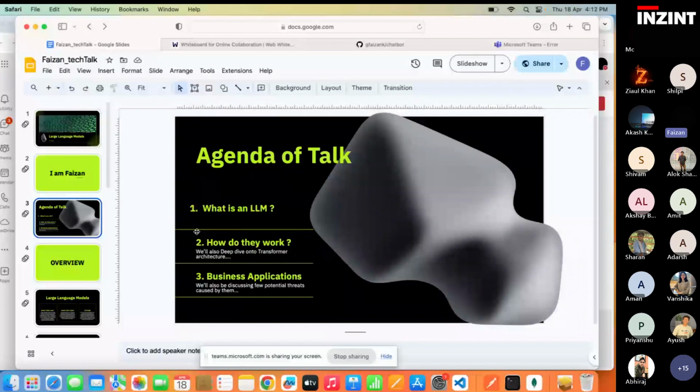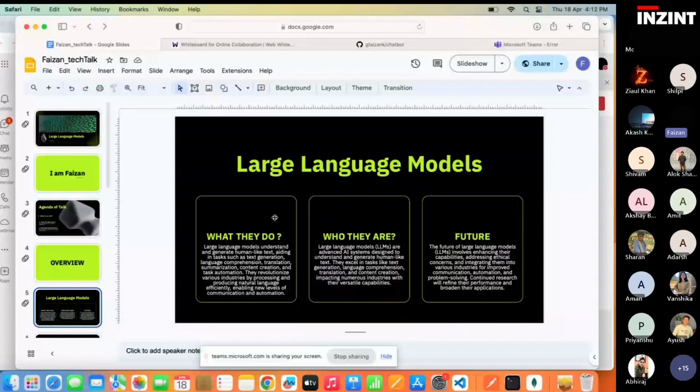I will start with the overview first. Large language models: first of all, we should know what they do. Large language models understand and generate human-like text, aiding tasks such as text generation, language comprehension, translation, summarization, content creation, and task automation. They do a lot of things, but these are some of the crux points.